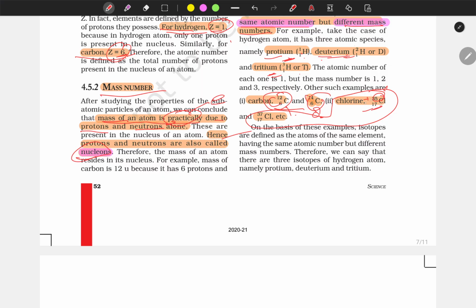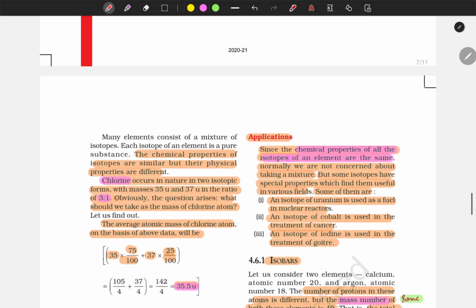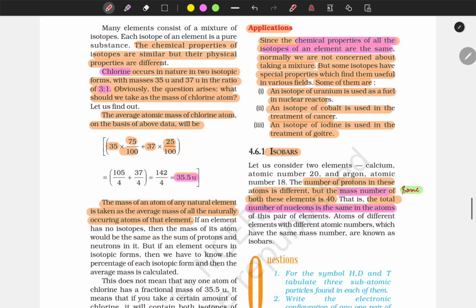One has a mass of 35, another has a mass of 37. So the important thing to remember is that the chemical properties of isotopes are similar, but their physical properties are different.